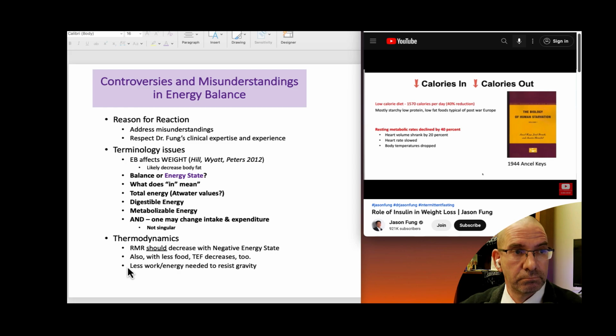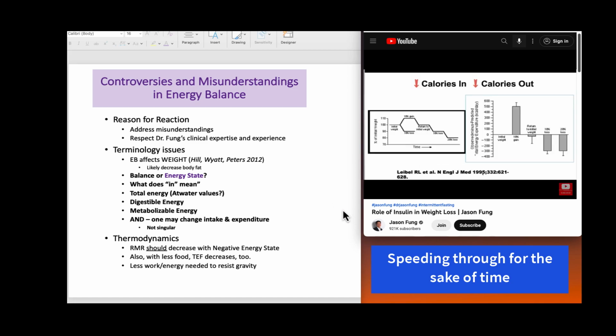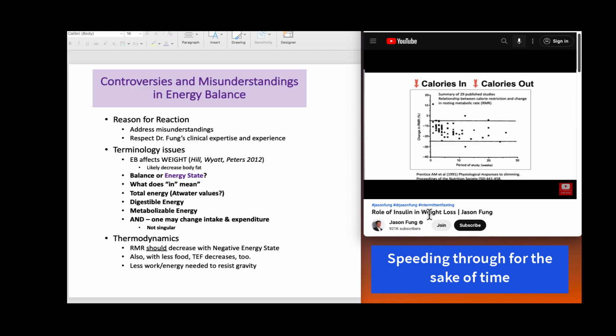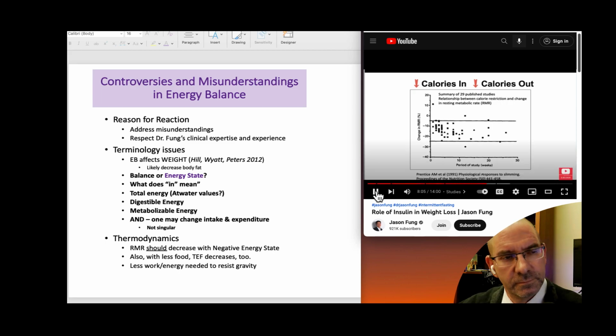When you decrease your calories in, your calories out also decreases. Virtually all of the studies show a decrease in the metabolic rate by about 10 to 25%.